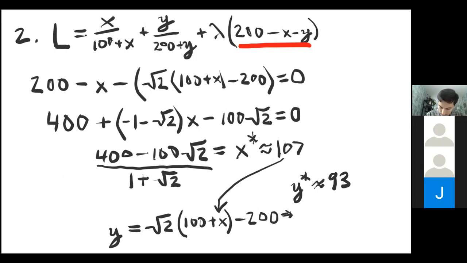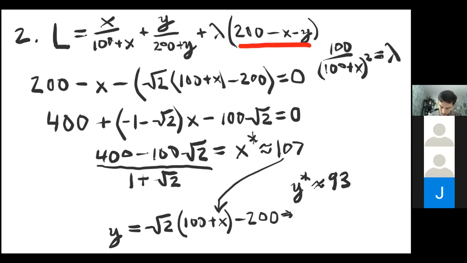It was something like 100 over (100 plus x) squared equals lambda, right? We just want to make sure that's not negative. I can tell immediately it's not negative. No matter what x is, it's a positive number over something squared, so it's definitely positive. So we're good, and these are indeed the solutions.